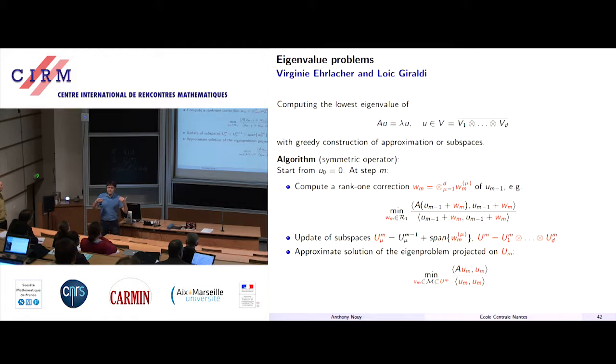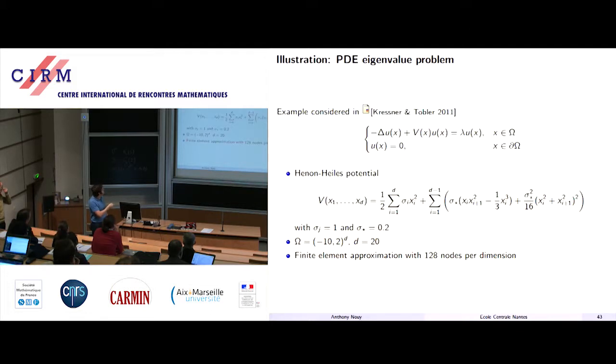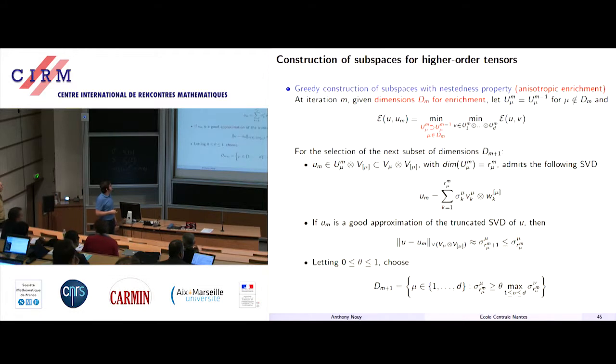And so you can apply the machinery I have presented before, and have successive optimization of this Rayleigh quotient on these tensor spaces, where you introduce this nestedness property of the subspaces you are trying to find, etc., and you obtain, in fact, very fast convergence of this type of construction for high-dimensional problems. Here it's a problem in dimension 20, where you see that greedy algorithms are very slow compared to this construction based on subspaces. So it appears to be quite efficient in this situation.